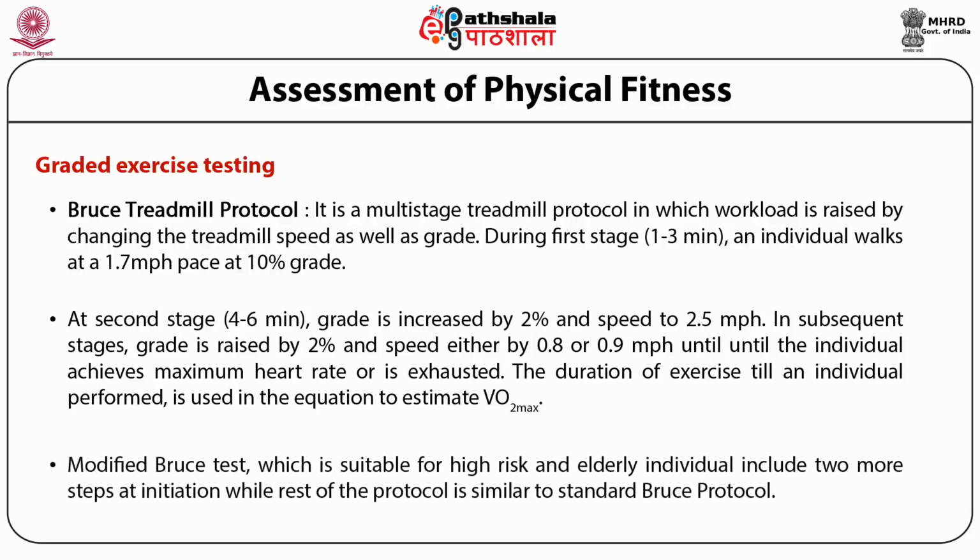The modified Bruce test, which is suitable for high risk and elderly individuals, includes two more steps at initiation, while the rest of the protocol is similar to the standard Bruce protocol.